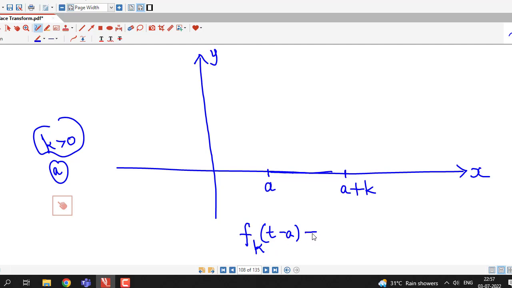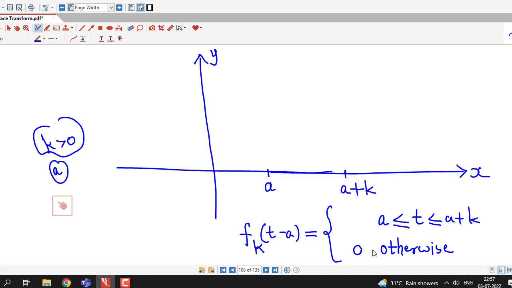So suppose value of this function is non-zero in this interval only, in the interval a to a plus k. Outside this interval value of function is 0. So f of t minus a suffix k equals 0 otherwise, and in between a to a plus k, suppose value of function is 1 divided by k.